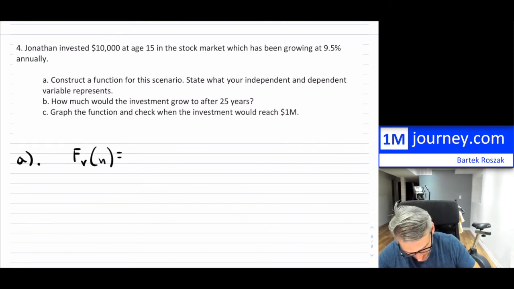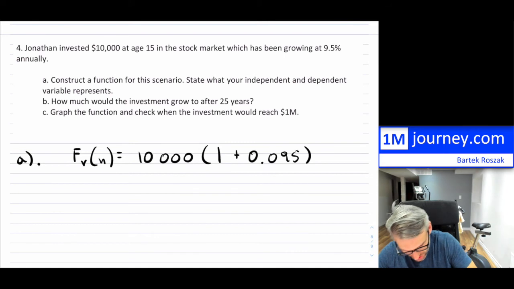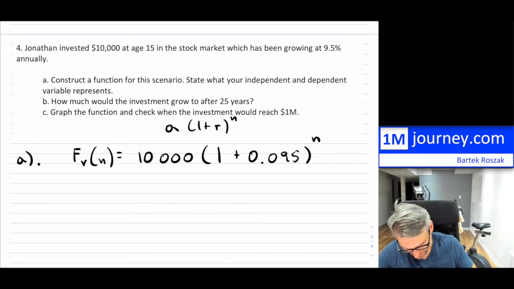That's going to be our function. We're starting with $10,000. That's my A. 1 plus, now here's my growth, that's my R, to the n, because it's growth. That's why it's plus. Then I need n in here.